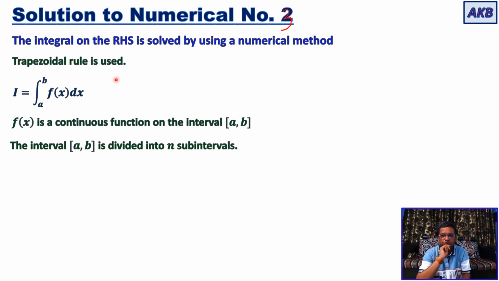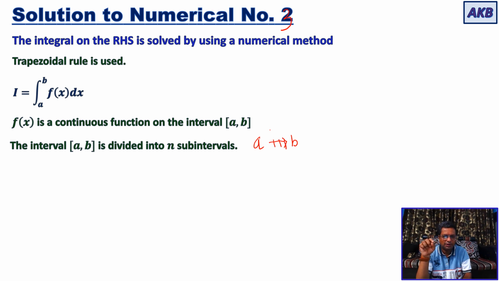Now what approach is used with trapezoidal rule? Let me first tell you. The interval is from a to b. Now what is the approach? This interval is divided into sub intervals.